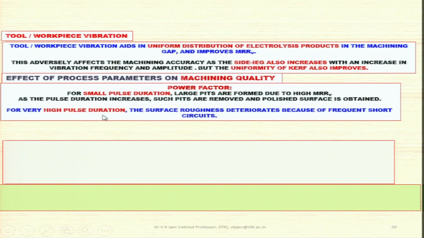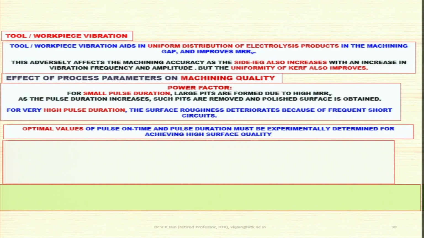For very high pulse duration, the surface roughness deteriorates because of frequent short circuits, and I have already mentioned that we should try to avoid short circuiting as far as possible to maintain a good machined surface and good accuracy. Optimal values of pulse on time and pulse duration must be experimentally determined for achieving high surface quality.